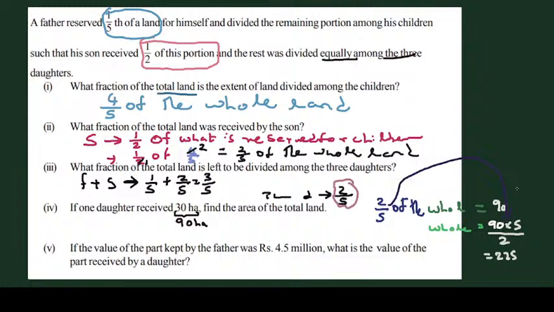Right. If the value of the part kept by the father was rupees 4.5 million, what is the value of the part received by a daughter? Right. So there are multiple ways to do this question.